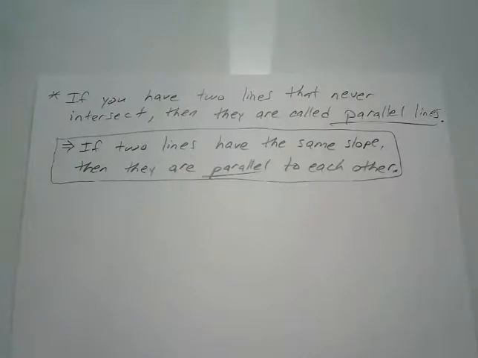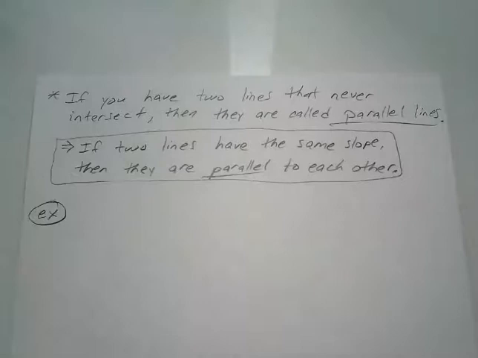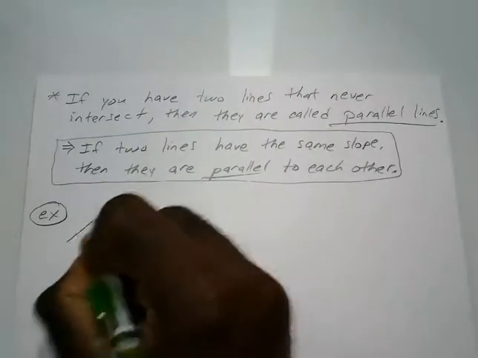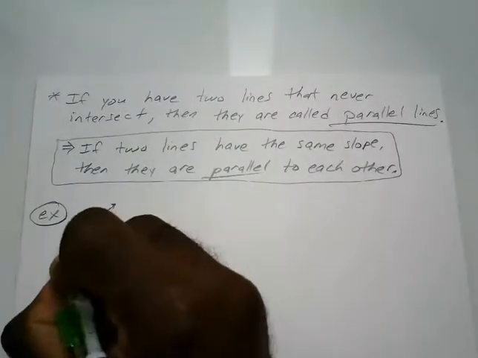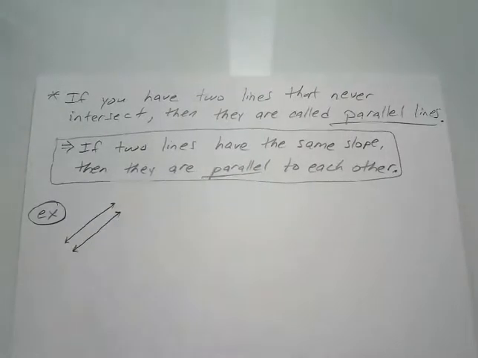Okay, now, if you want to visualize parallel, let's say you have a graph and this is your first line and this is your second line. Okay, those are parallel to each other. They're going in the exact same direction and they're never going to cross each other.